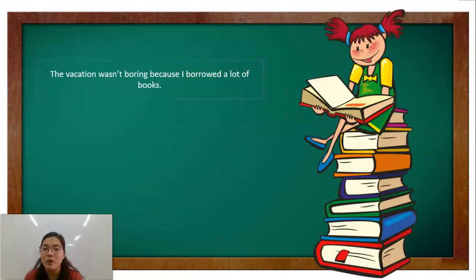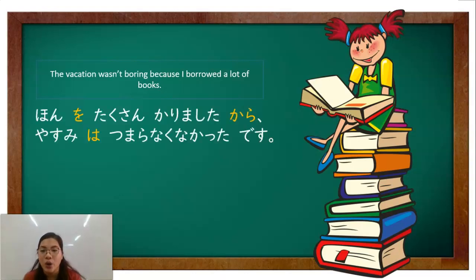Okay, so here's another example. The vacation wasn't boring because I borrowed a lot of books. So let's try to have the first reason. I borrowed a lot of books. 本をたくさん借りましたから休みはつまらなくなかったです.